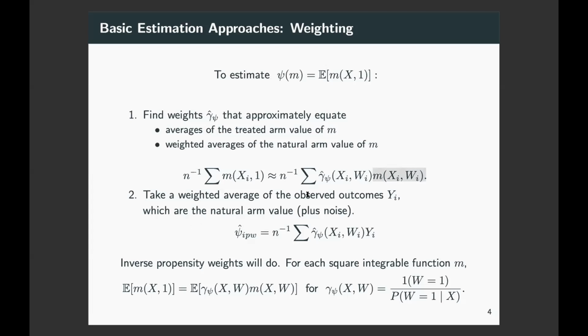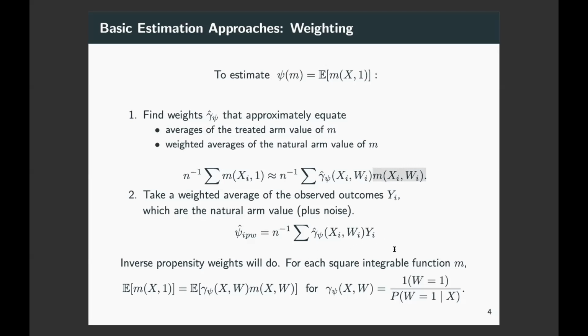We take a weighted average of the observed outcomes Y, which are just the natural arm value plus noise, and that's our estimator. It may not be trivial to estimate weights with this property, but certainly there exist weights with this property. In particular, the inverse propensity weights will do.